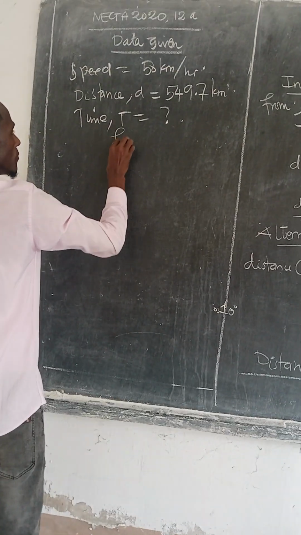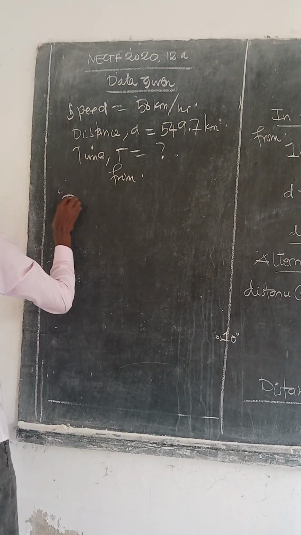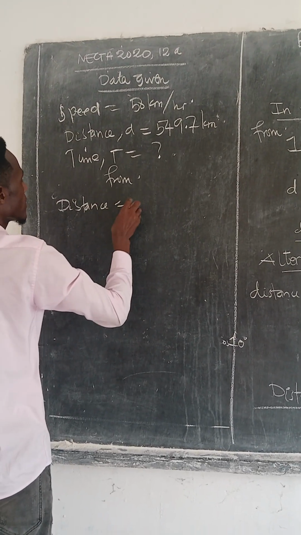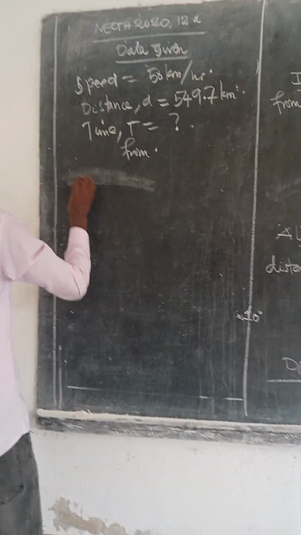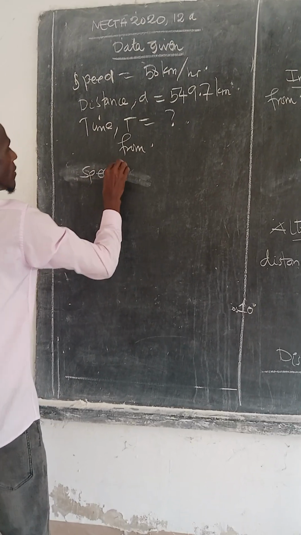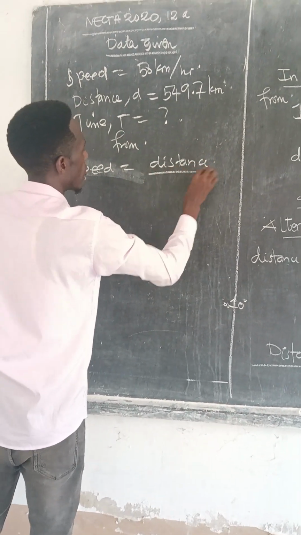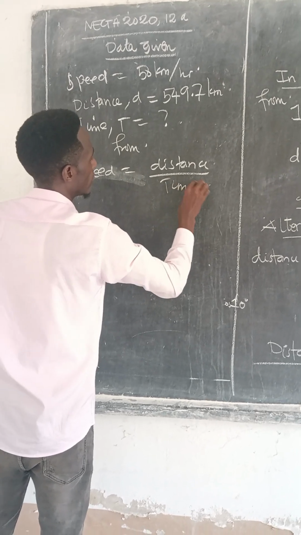So from speed is equal to distance over time.